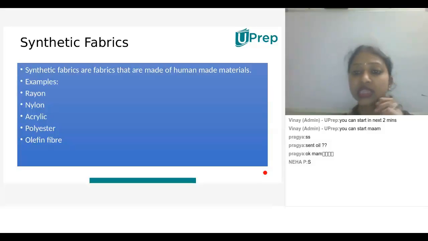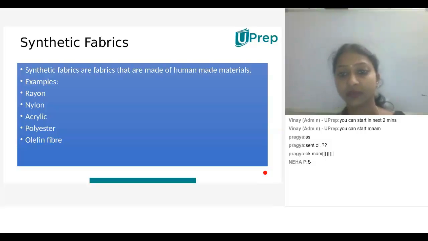So moth-free in the sense, if it is natural fiber, it is naturally prepared, so no chemicals are added, so they are attracted towards fungus, bacteria and mainly insects. These insects are very fond of natural material because it comes from plants and animals. They are attracted and then eat off the material, so preserving natural fabric is also very difficult.